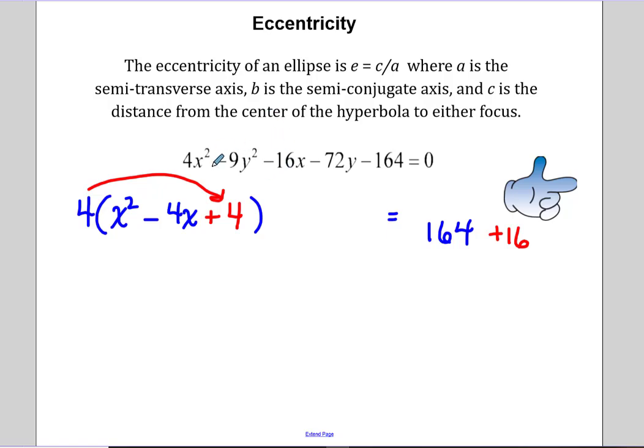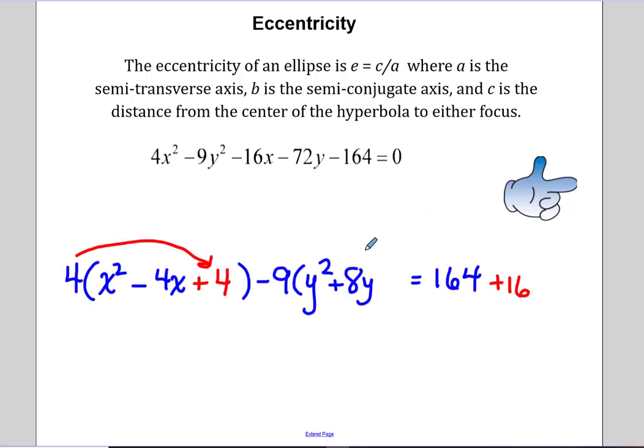And then doing the same thing, we want to factor out a negative 9 from the y terms. So factoring out that negative 9, we get y squared, and negative 9 times positive 8 would factor out that negative 9 from that term. And then completing the square again.